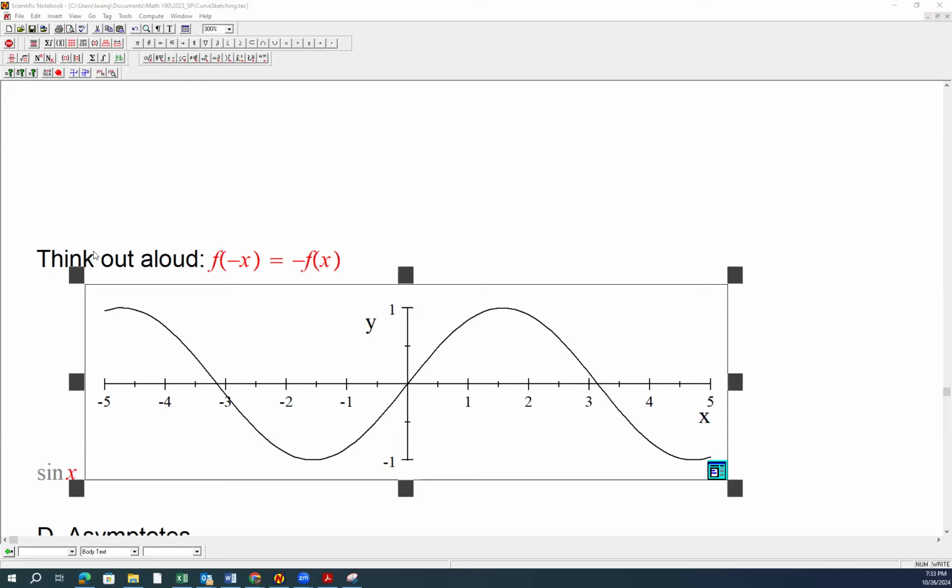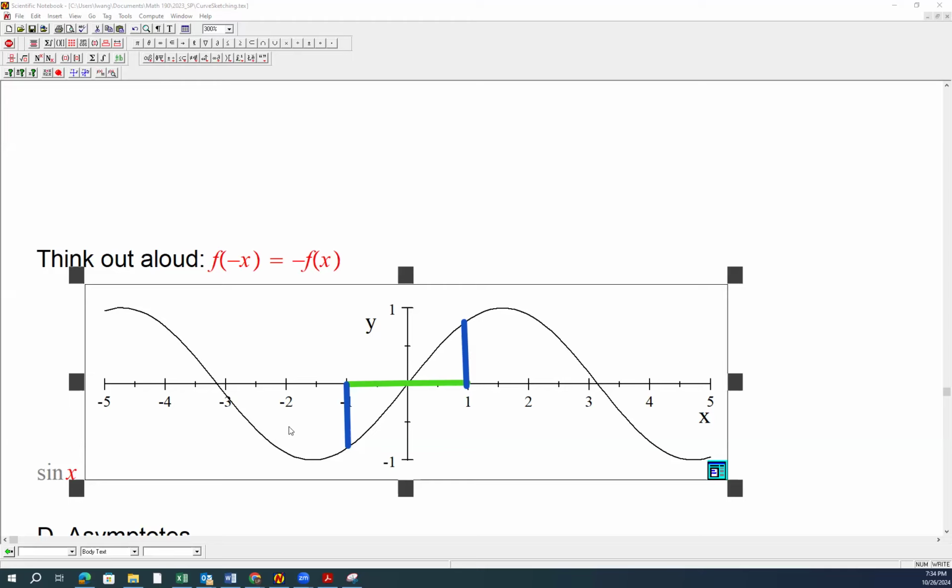Suppose I have an input 1 and an input -1. What's their output? The sine output is blue. You can see when the green are opposite, the blue are opposite as well. So that shows that sine is odd. This green-blue relationship is true for every input in the domain. Therefore, sine is odd.